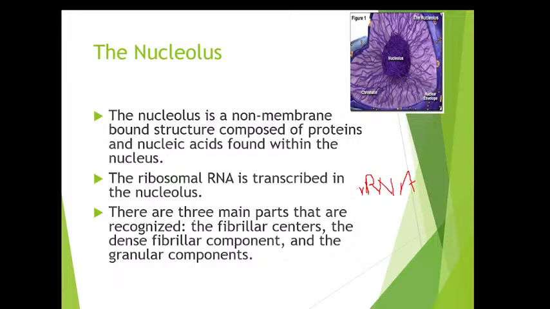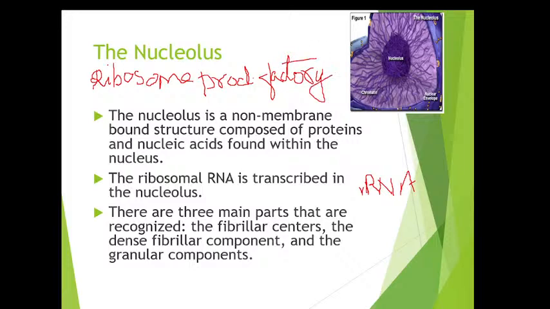So they serve as the ribosome production factory, and this nucleolus is called the ribosome production factory. These are the important things to remember. It is called the ribosome production factory. So, the nucleolus is mainly involved in the synthesis of rRNA.